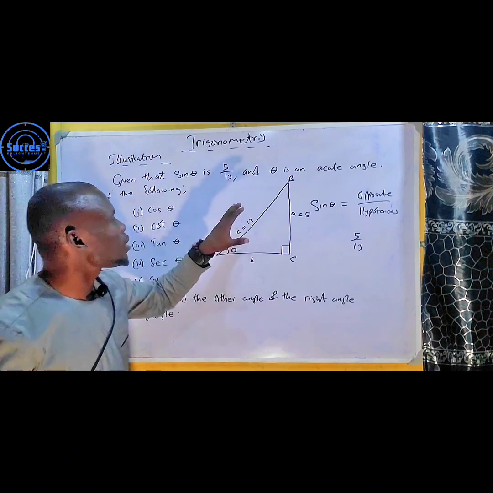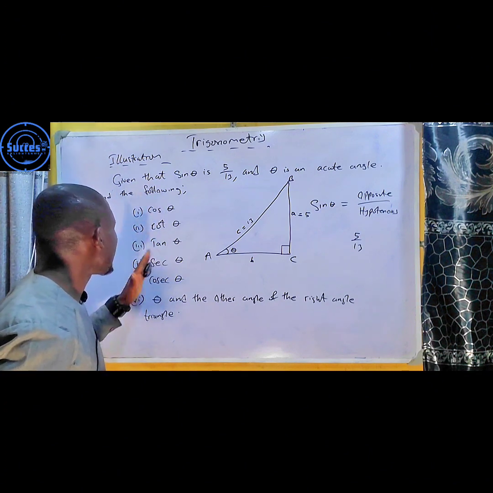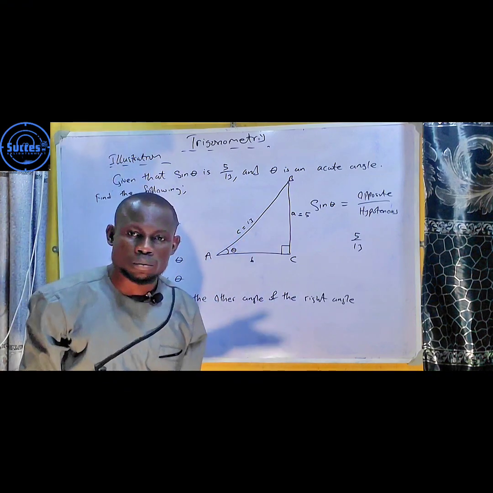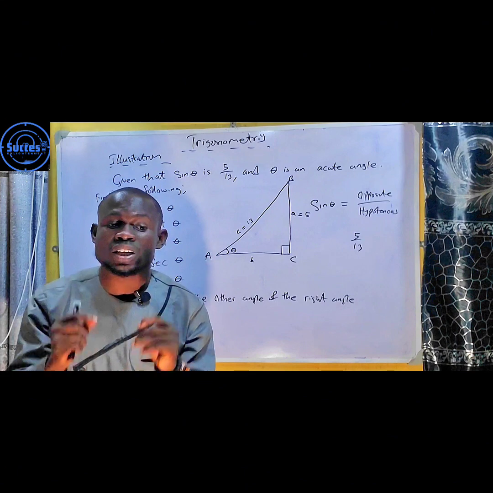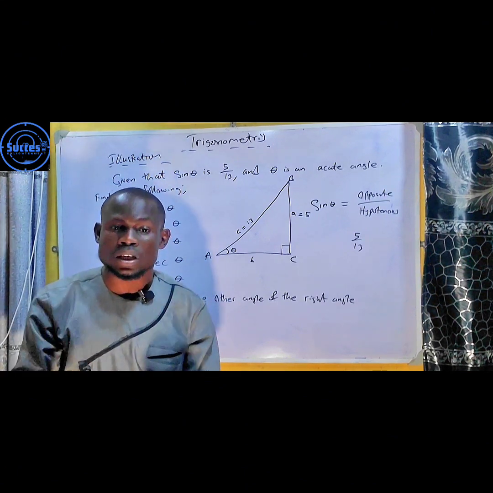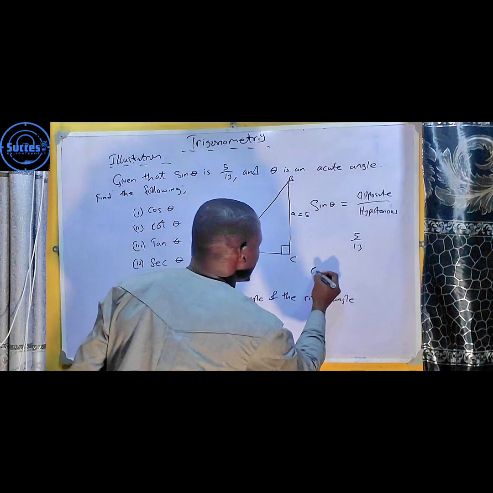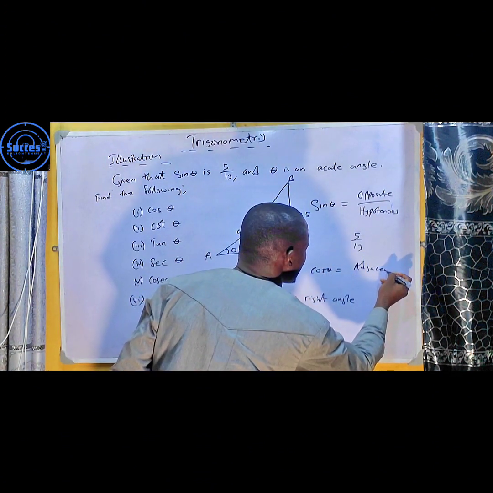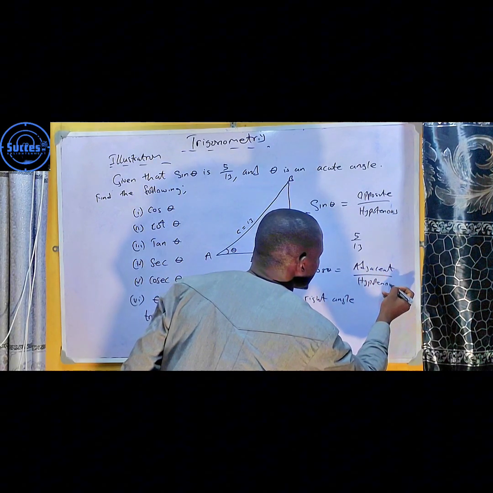And from here now, what are you asked to find? You have to find cos theta, cot theta, tan theta, sec theta, cosec theta. Now, what do you do from here? You have to find cos theta. From your traditional definition, cos theta is adjacent over the hypotenuse.